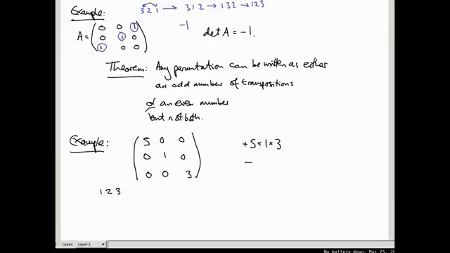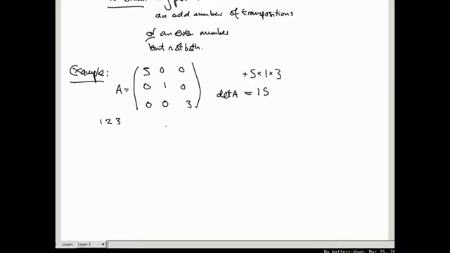So the determinant is 15. So if you have a diagonal matrix with only entries on the diagonal, then the determinant is just the product of those entries, with no extra sign.